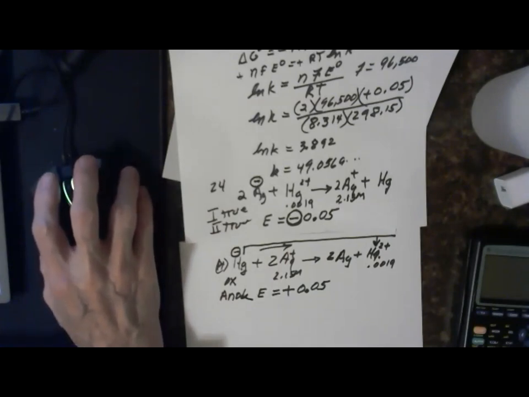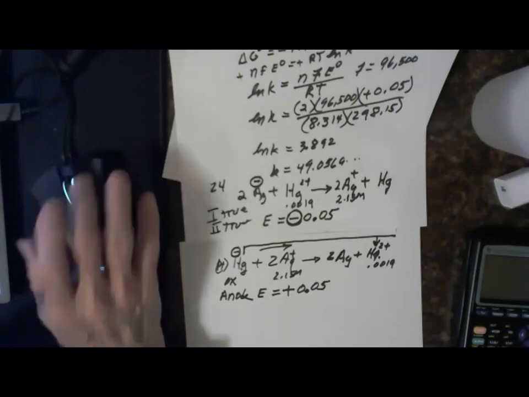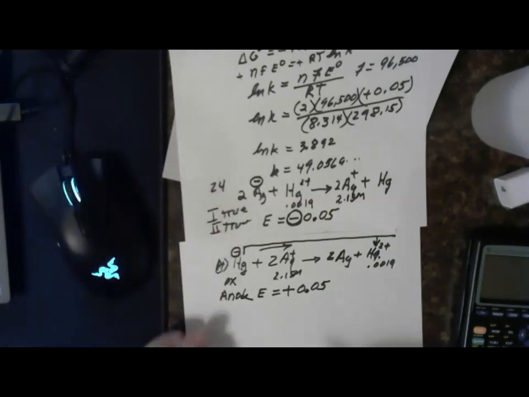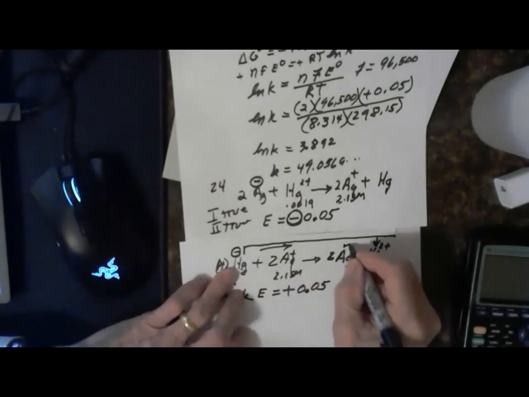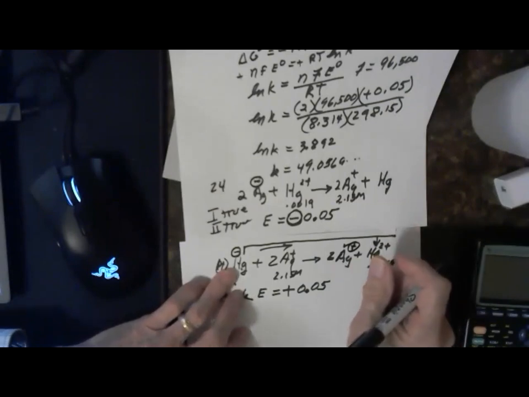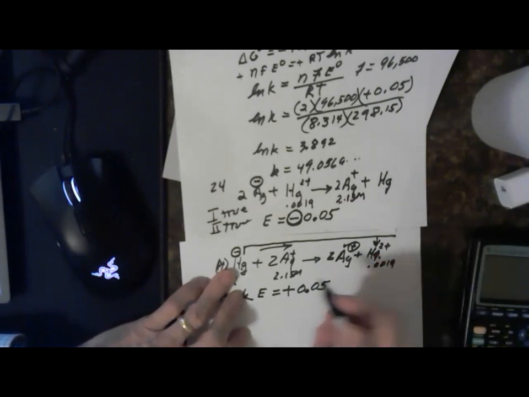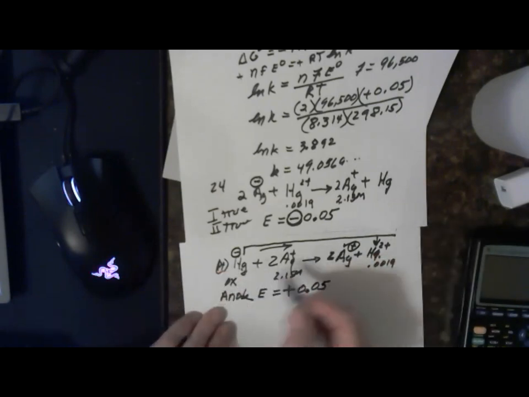So let's see, okay, we're looking at number 25. And it says the silver electrode is positive. Well, if the mercury one is negative, the silver one is positive. So that should be true. Now, the silver electrode is the anode.